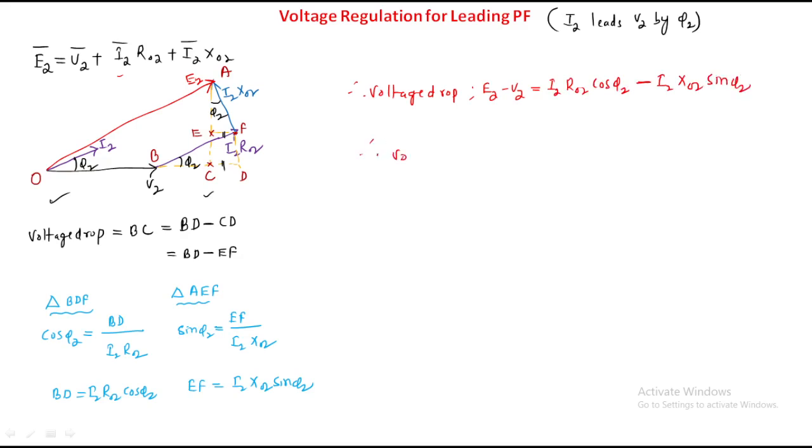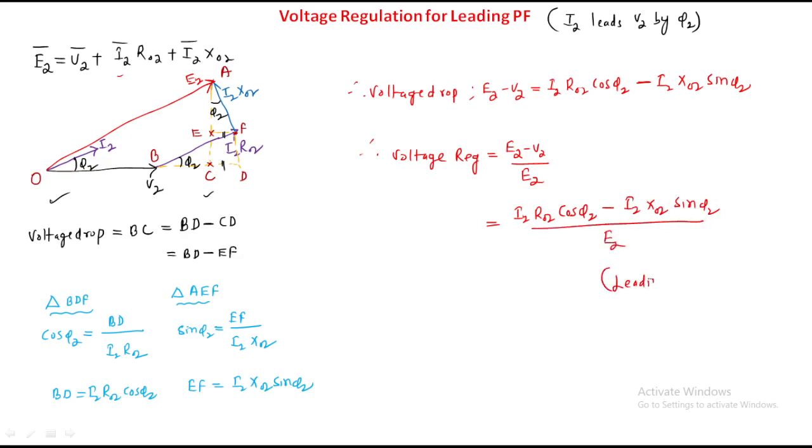And voltage regulation is E2 minus V2 by E2, which is I2 R02 cos phi 2 minus I2 X02 sin phi 2 by E2. So this is leading. In lagging condition we are going to get plus, in leading condition we are going to get minus. That is the only difference.